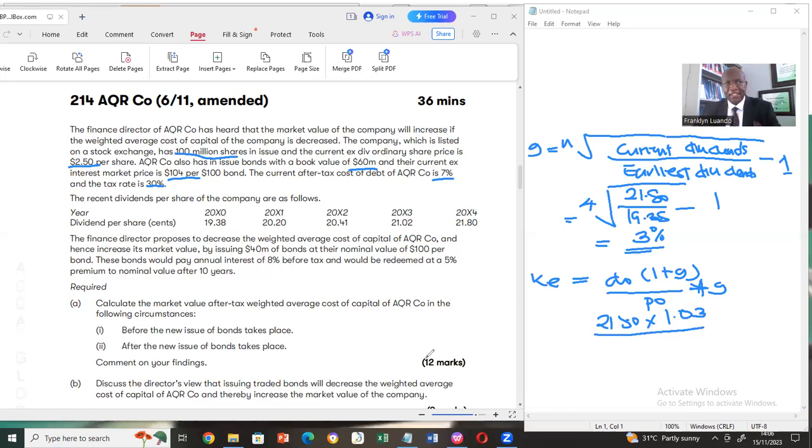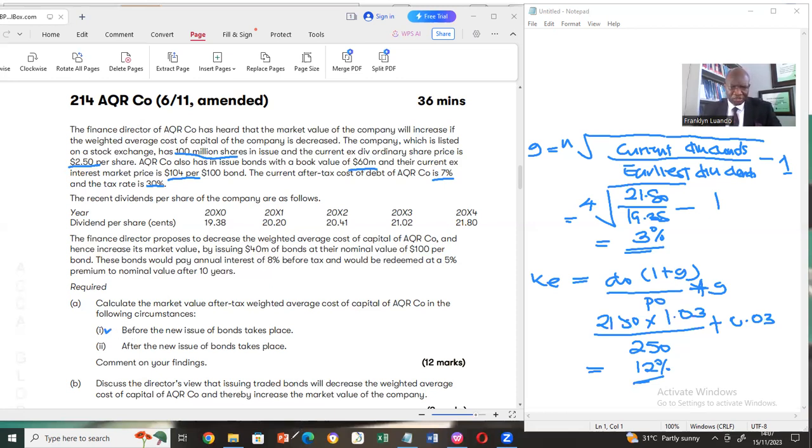Since the dividends are in cents, you should also change the 2.5 into cents to be 250, plus the growth of 3%. This will give us 12%. 12% is the cost of equity. That is how we are attending to that question.